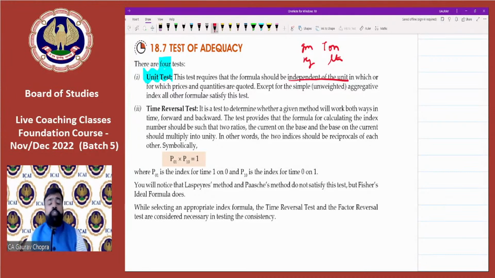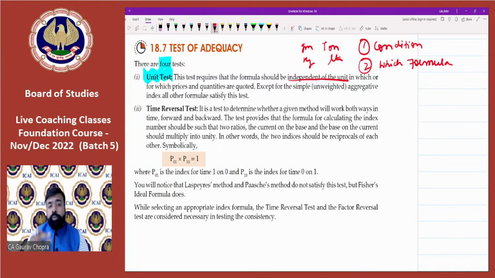So for each and every test, we have to remember 2 things. One is the condition, and second one is which formula satisfies that condition. So for unit test, the condition is only that the formula should be independent of unit.